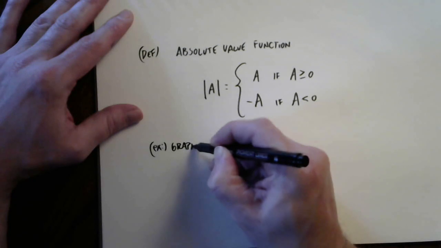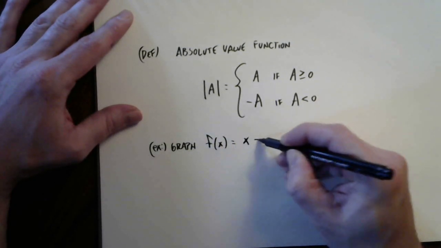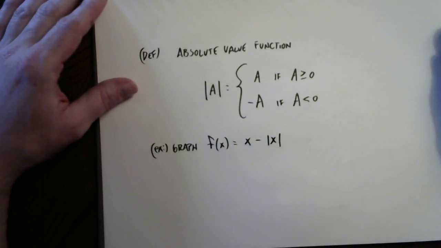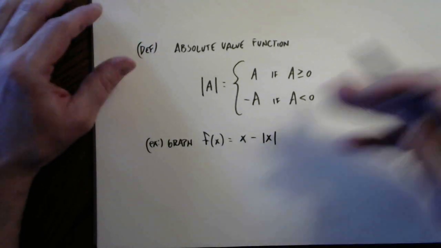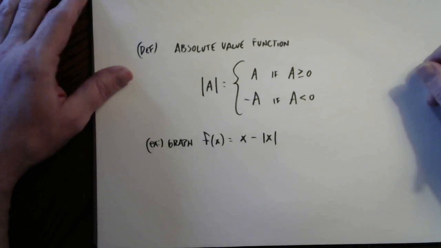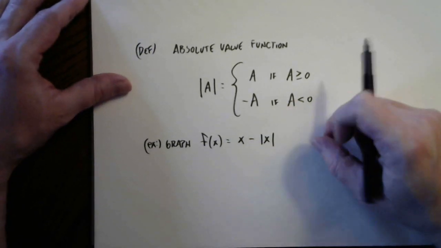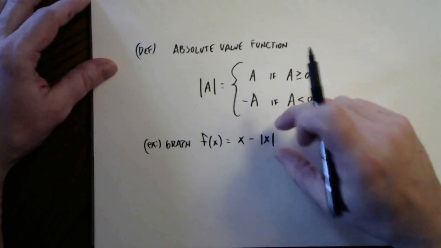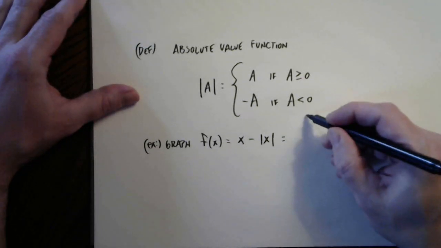We're going to graph f of x equals x minus absolute x. So if I just go about the whole, well, -5 is 5, you go about that whole philosophy, I don't know how you do this. So what we're going to do instead, this contains an absolute value, so we're going to rewrite this as a piecewise function because the absolute value function is a piecewise function.